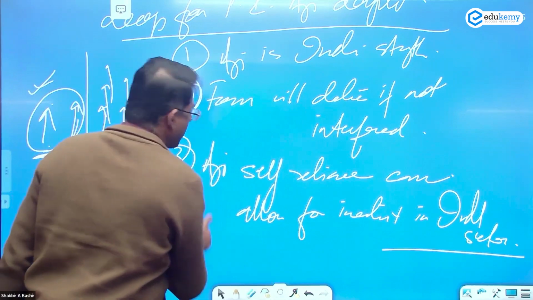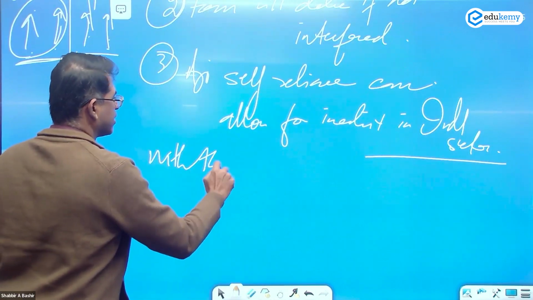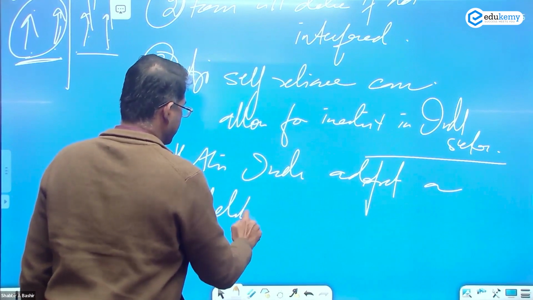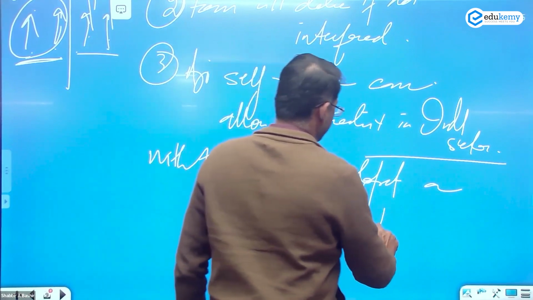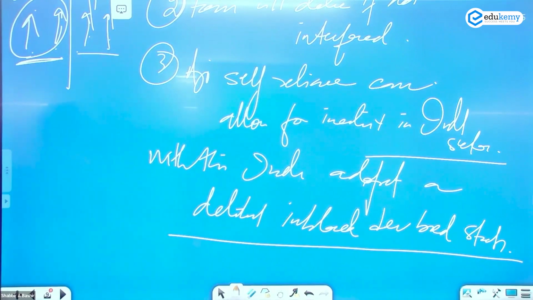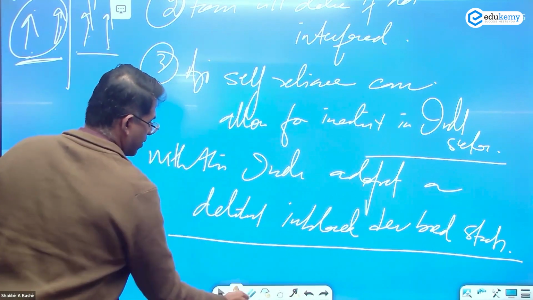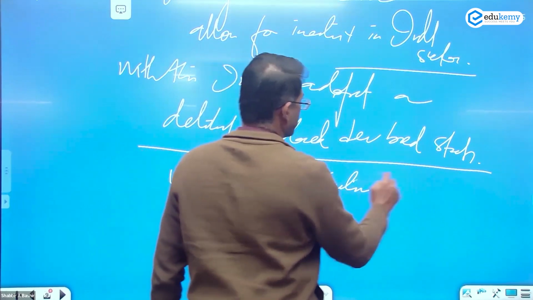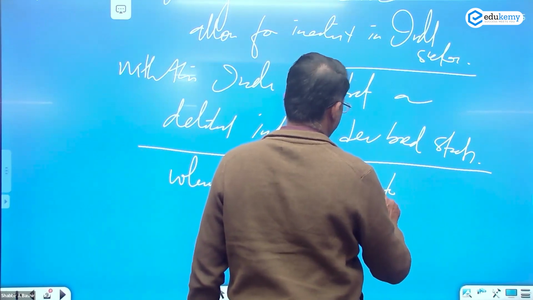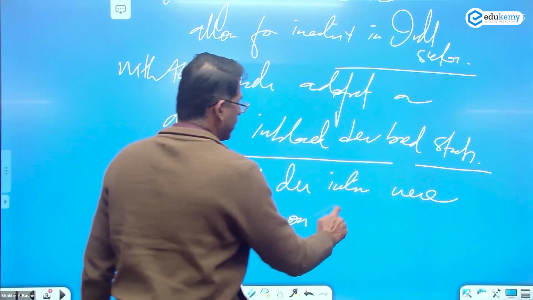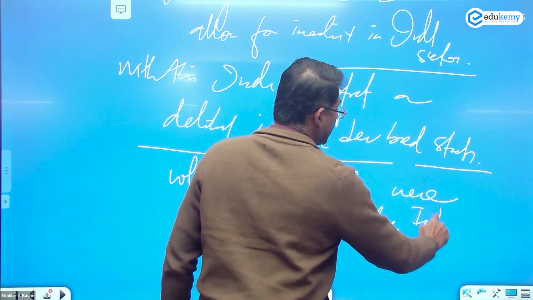So with this, what happened was, India adopted a deliberate, imbalance-based development strategy, where all development investments were focused on capital intensive industrial development.